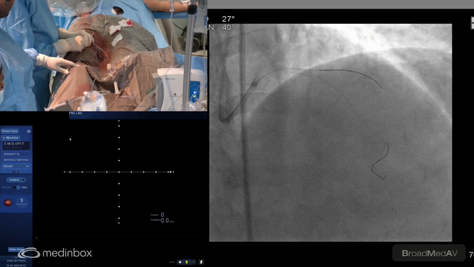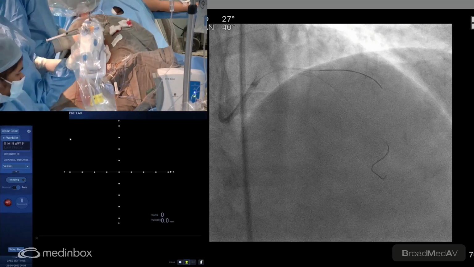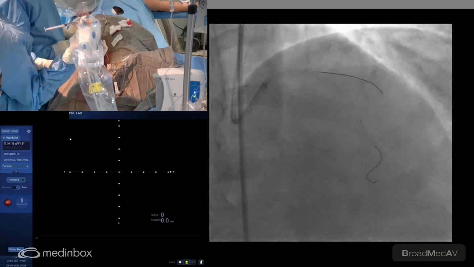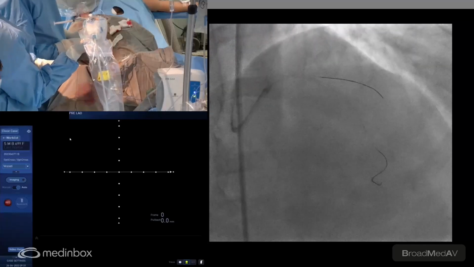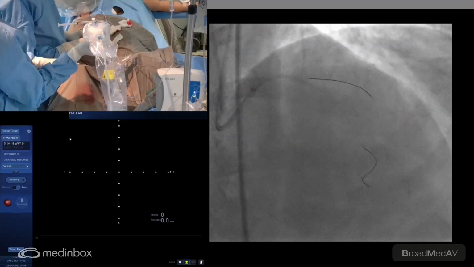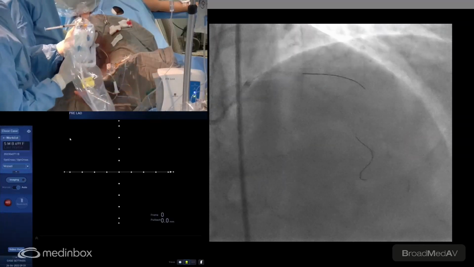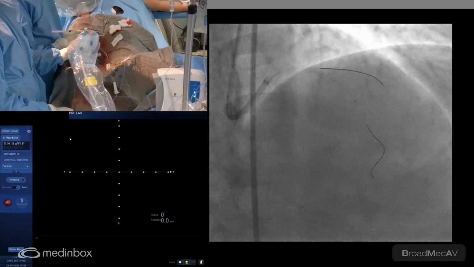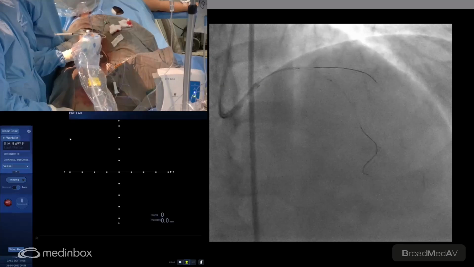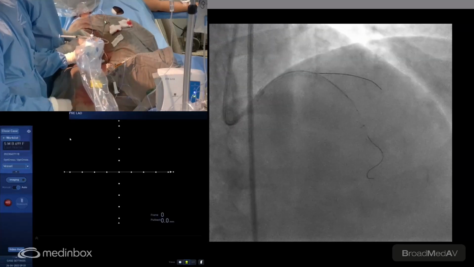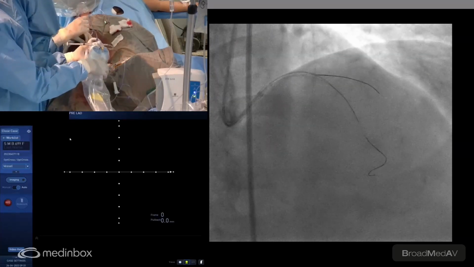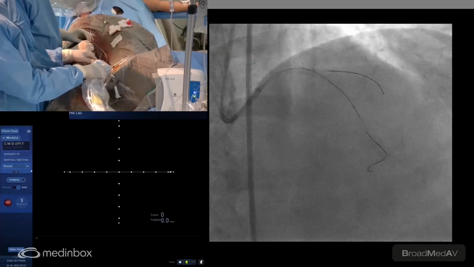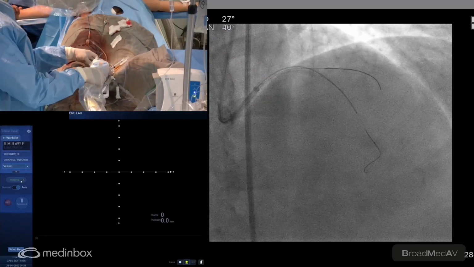Again, we are going to recross and re-image with the IVUS catheter. We have now just got beyond the lesion. All right, so let me go live.